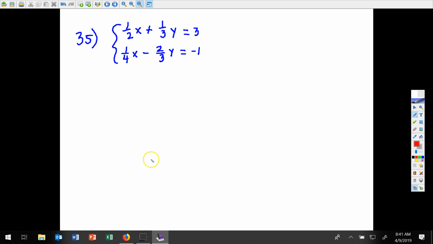All right, so let's try this one, number 35. Can you see a better way? These are fractions, a little bit harder to deal with. What do you think, John? Multiply by 3. Yeah, you could. You're not wrong. You really don't have a wrong choice, but sometimes there's a better choice.